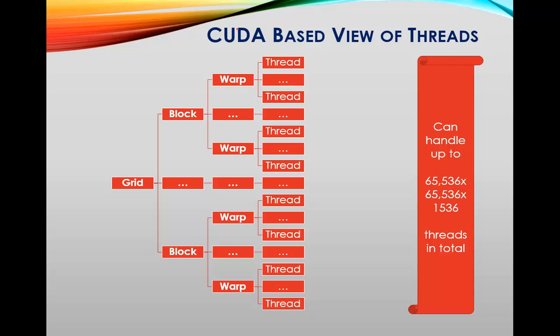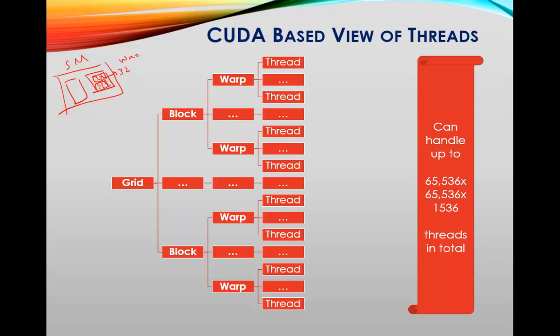So what is going to happen is you've got a streaming multiprocessor, and let's say two blocks are assigned to it, and these blocks have a bunch of threads that are going to run. These threads are going to be run in warps of 32 threads.